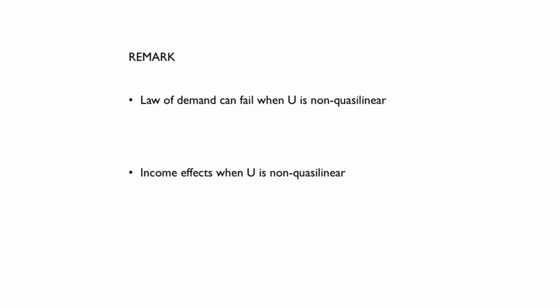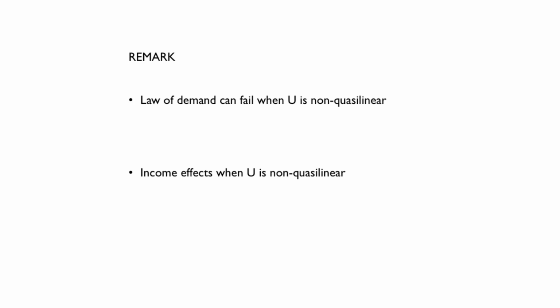Now, the results that we have established are very stark and clean with these quasi-linear preferences, and they are approximately correct for a very large number of problems that economists study. Basically the intuition that you should have is that as long as the X good is a very small fraction of the consumer budget, these are not bad approximations.